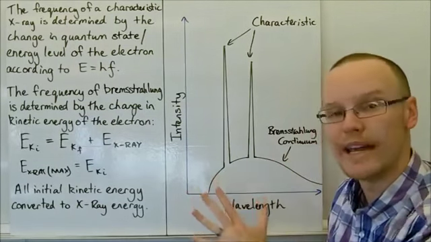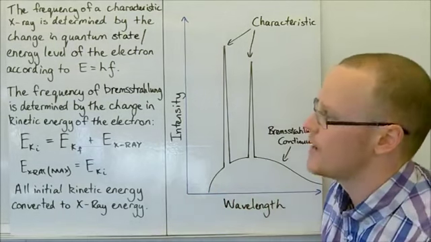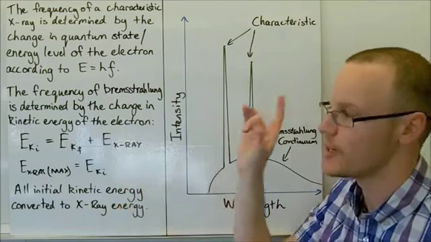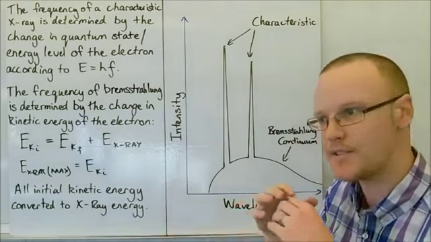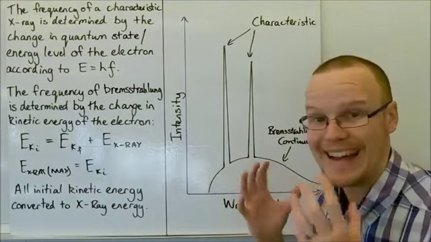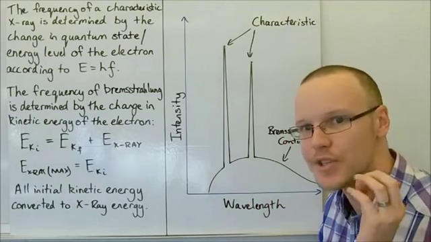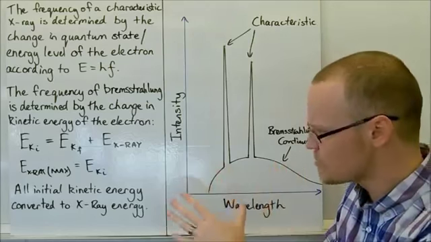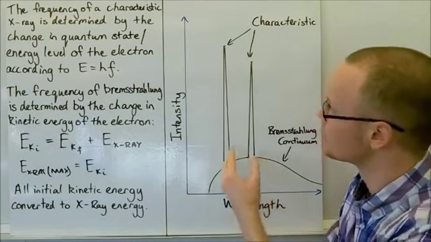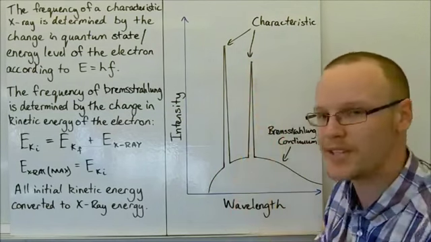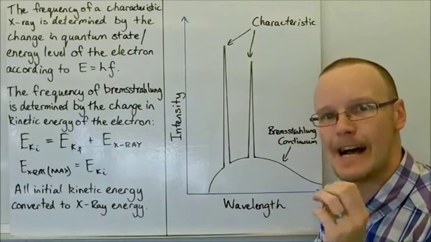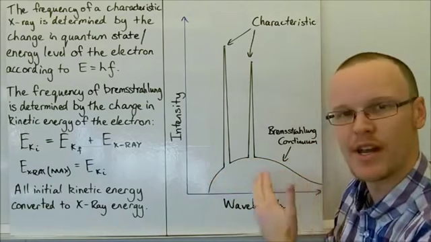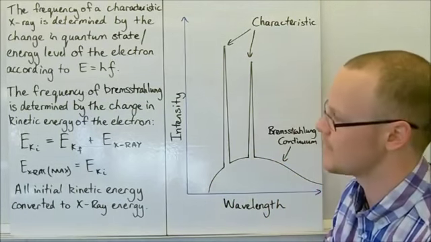Much more energy is going to be given off as Bremsstrahlung radiation, and the reason for that is it's relatively uncommon for the electrons to actually strike another electron. It's more common that they'll be slowed down. The reason that we've got these particular spikes is because they're a quantised amount, whereas here we've got a continuous amount of Bremsstrahlung radiation.